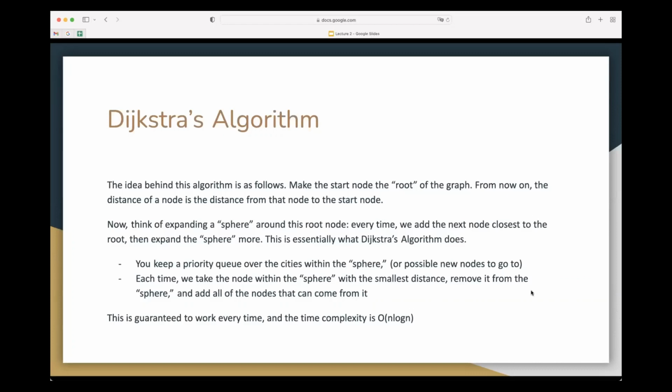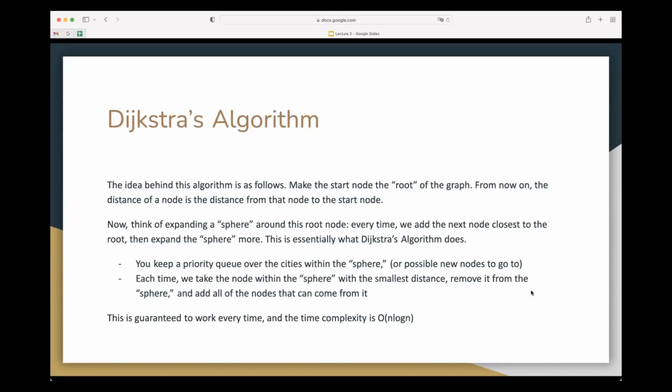This is clearly guaranteed to work, and the time complexity of this is O(n log n). The reason there's a log n here is because when we add to the to-do list and we want to find the highest priority item to get out of the priority queue, it's actually impossible to do this in less than log n time.